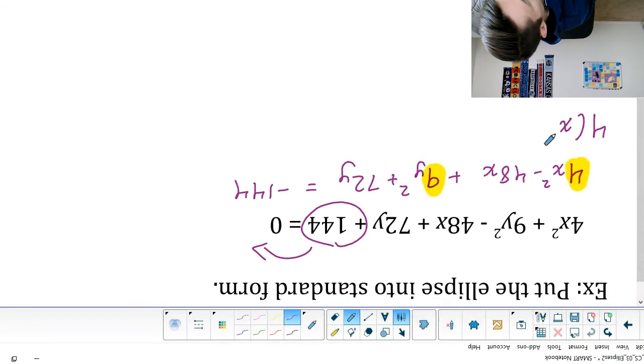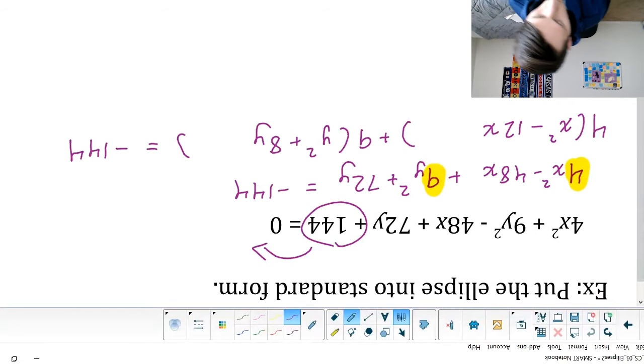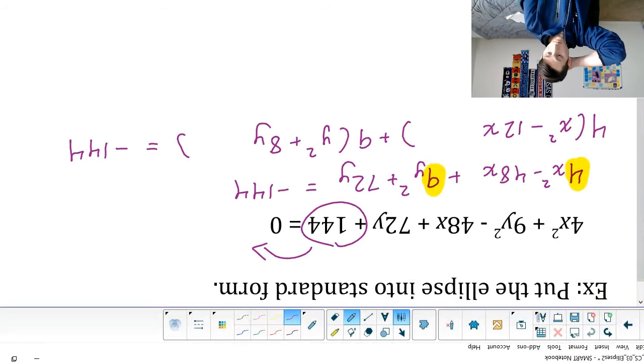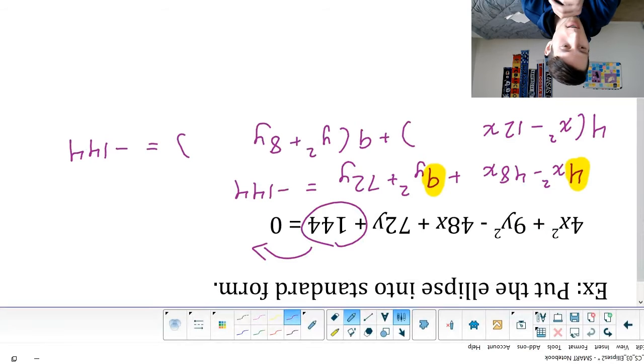So 4 times x squared minus 12x, and I'm going to leave some space so that I can complete the square. Factor out the 9 for the y's, so y squared plus 8y. And then on the left side, minus 144. So whenever we see a coefficient either in front of the x squared or in front of the y squared, we have to factor those out first.